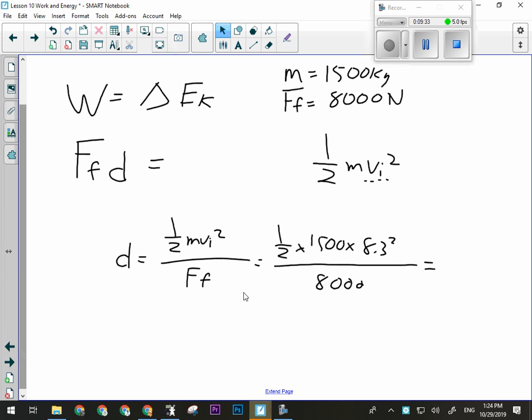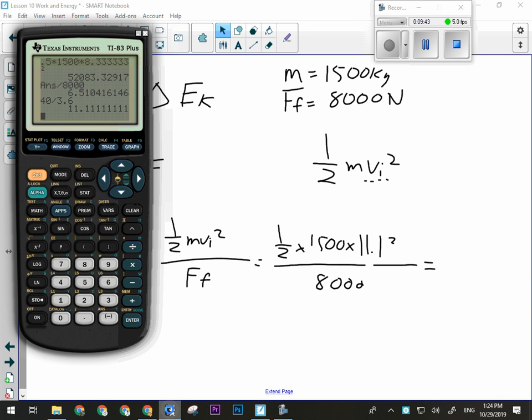If I do this exact same calculation, but now I put in 11.1 instead of 8.3, we have 0.5 times 1,500 times 11.1 squared divided by 8,000. That distance goes from 6.5 meters to almost 12.